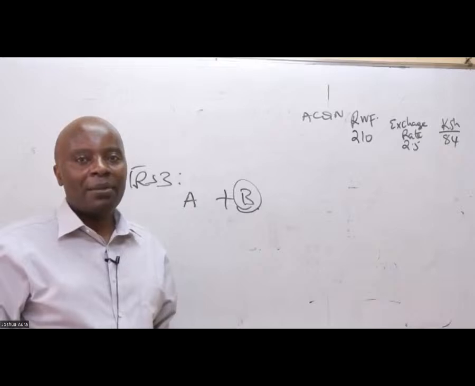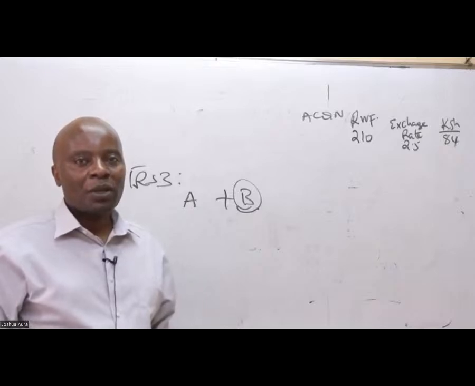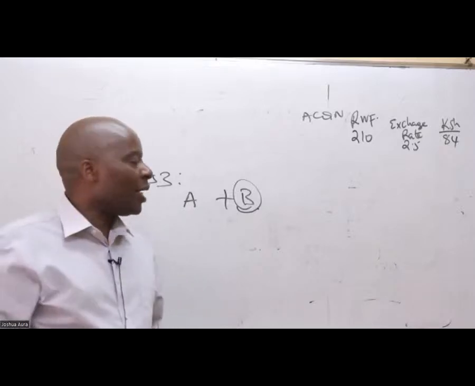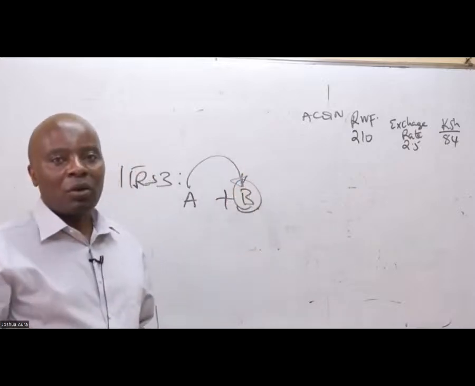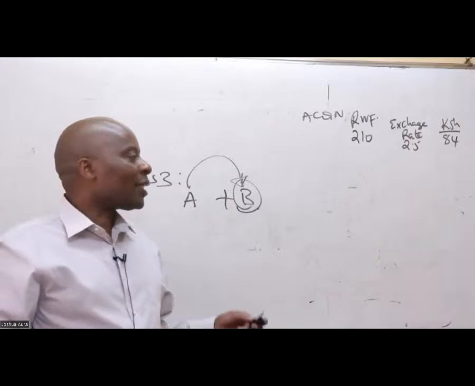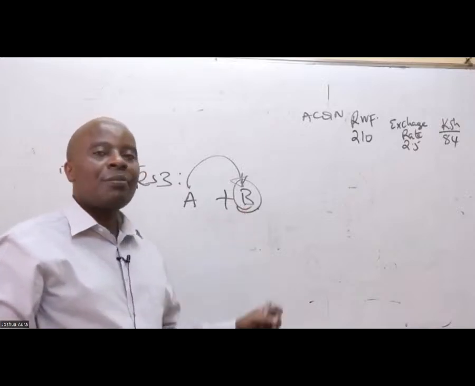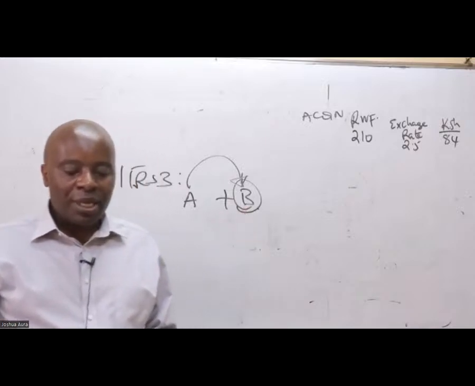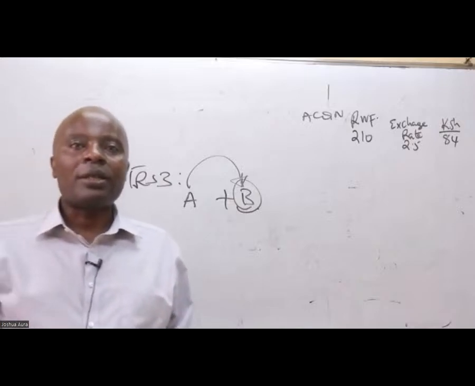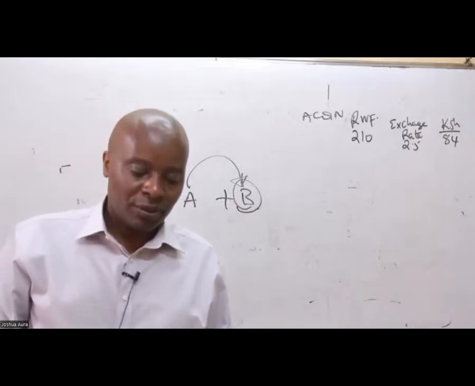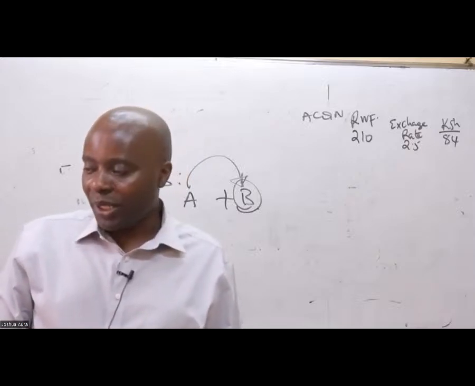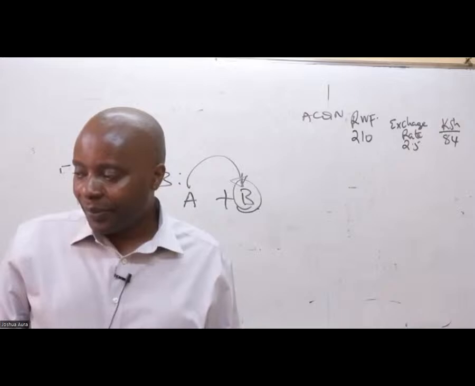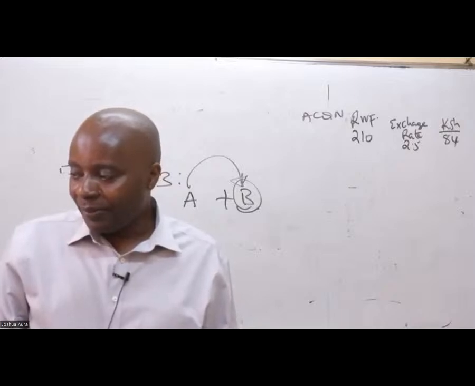So A owns B, but now B has become bankrupt. Then they're asking you, how will you treat B in the group consolidation at the year end, at reporting?